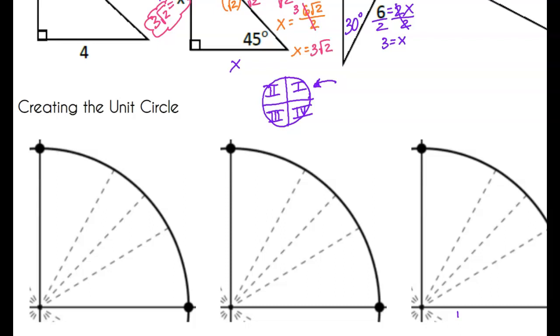That is what a unit circle is. Yes, the unit circle is used to solve many, many things, but specifically the word unit. If I say I have a unit, what does that mean?